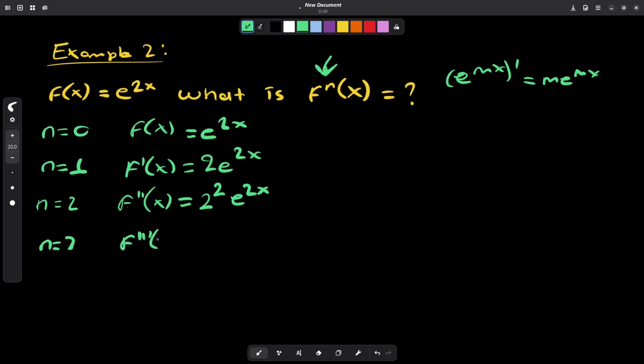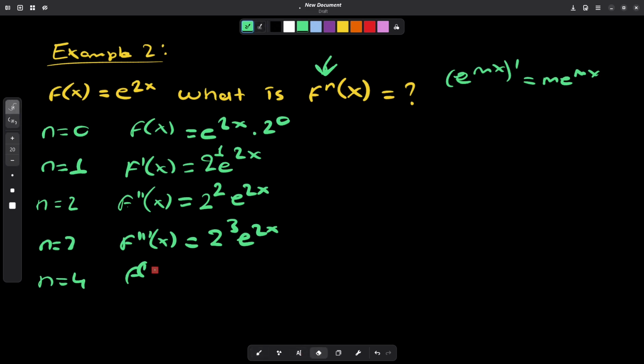Third derivative, instead of 8, let me write 2 to the third power, because I'm trying to recognize a pattern. There's a 2 to the 0 here, right? And there's 2 to the 1. So I should catch something. It should tell me something. You can go until you see it, and to the fourth power, and fourth derivative.